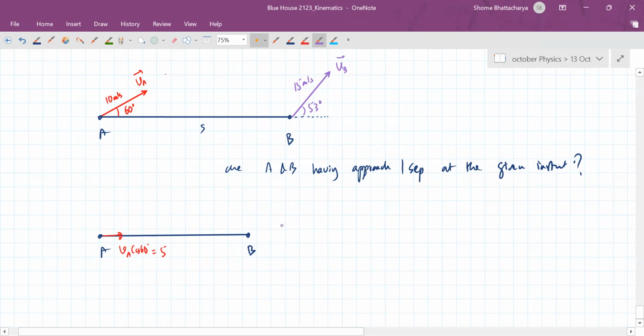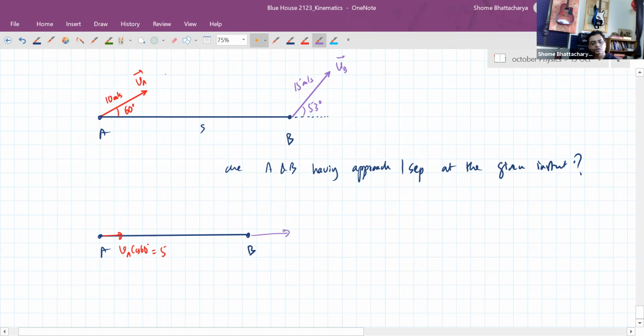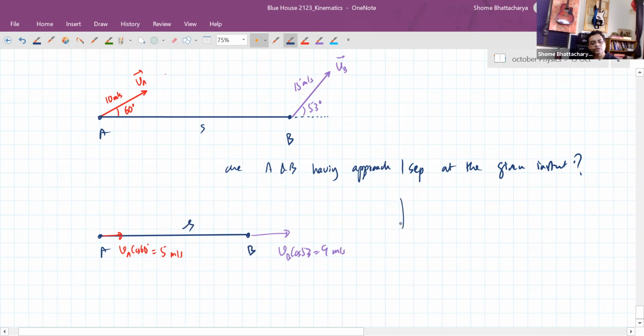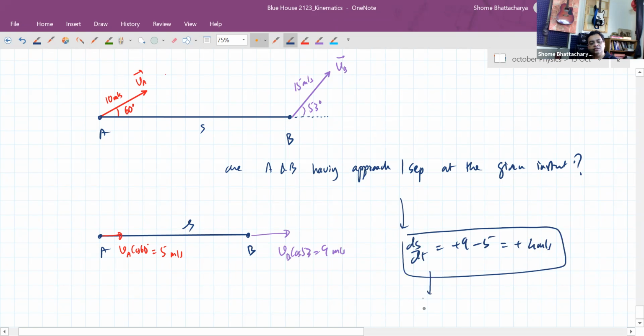And this component of B's velocity, which is 9, directly away, yes, very good. So this is VB cos 53. So this is equal to 9. So you can see that they are actually separating. At the given instant, S is increasing with respect to time. So the answer to that is dS by dt is positive 9 minus 5. So it is plus 4 meters per second. So dS by dt is a positive quantity. So they have a separation velocity of 4 meters per second.